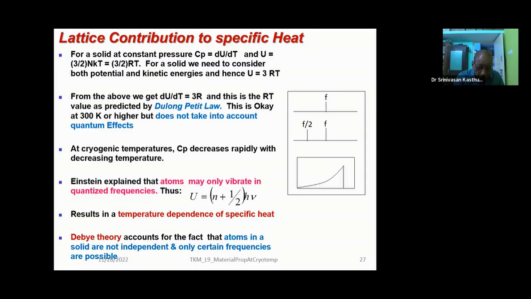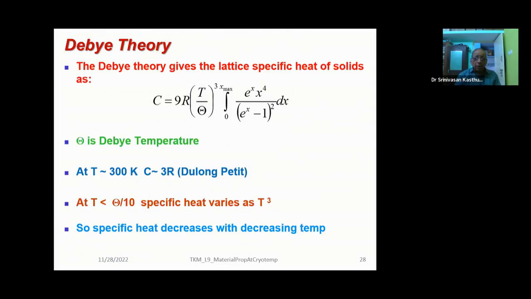So Debye theory gave what is called the lattice specific heat of solids, which is given by this relation: C is equal to 9R (T by theta) to the power 3, integral from 0 to x max of e to the power x, x to the power 4 divided by (e to the power x minus 1) whole square, multiplied by dx. So you might integrate this particular value. And here, theta is what is called the Debye temperature.